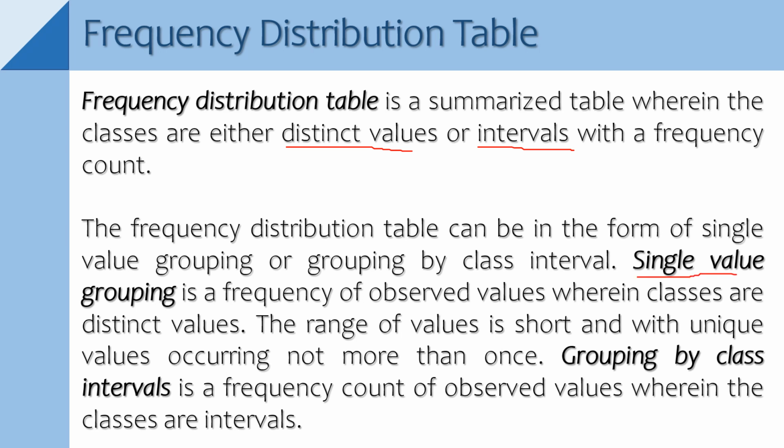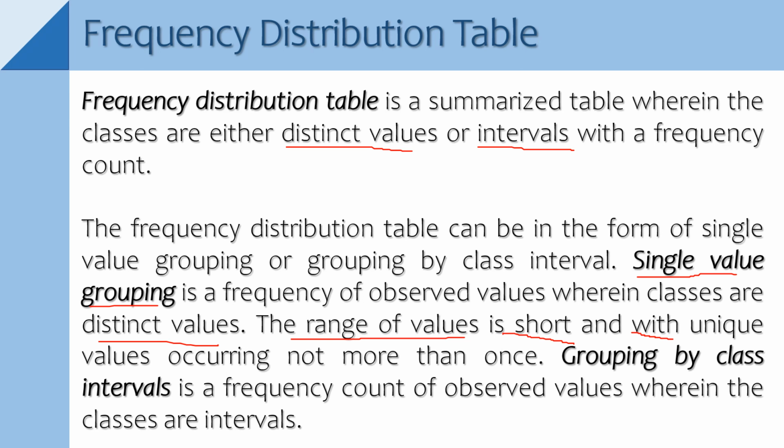So the values are distinct, there is no interval. The range of the values is short, with unique values occurring not more than once. Okay, so groupings by class interval is a frequency count of observed values wherein the classes are intervals.